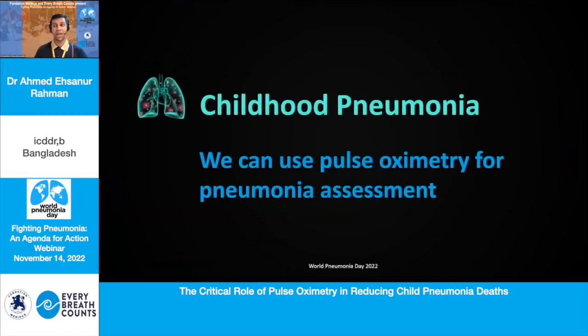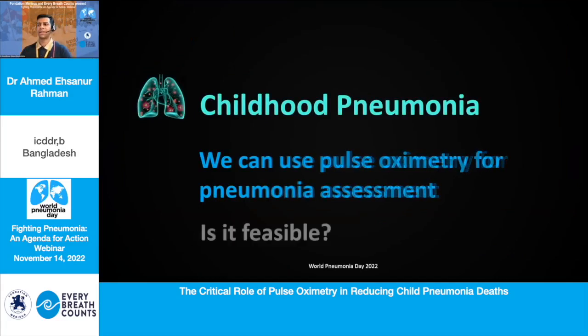So we have a recommendation for using pulse oximetry. But the question is, is this recommendation really feasible for countries like Bangladesh, where we are always suffering from lack of resources? This lack of resources is of many kinds: human, logistics, financing, and more importantly, political commitment.